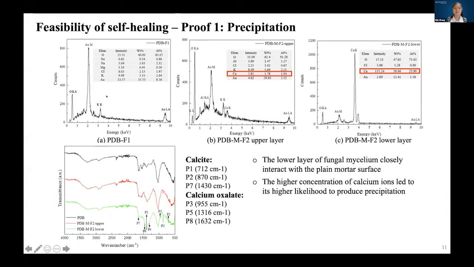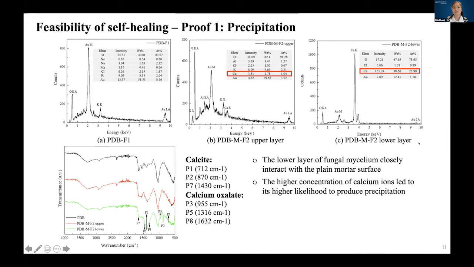Next, we investigate the feasibility of fungi-mediated self-healing. The first one is the evidence of precipitation produced by the fungi when they interact with the Moda. We conducted the EDS test on the fungi mycelium collected from PDB F1 and PDB MF2.